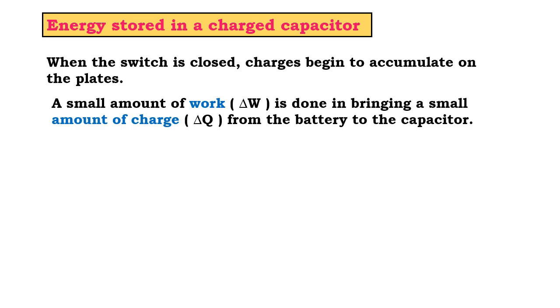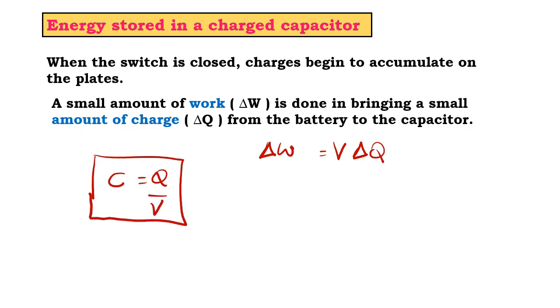By using delta work done equal to V delta Q. Since you know C equal to Q over V, we just substitute V here as Q over C times delta Q, which is equal to delta work done.